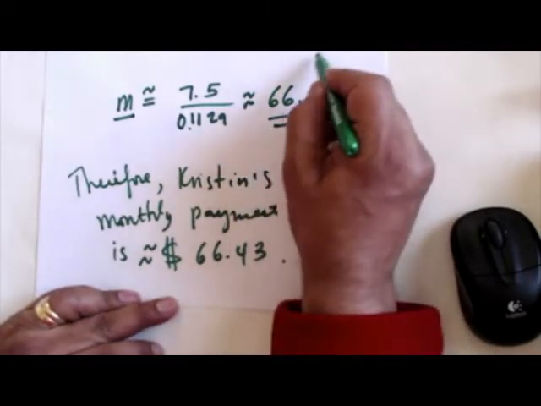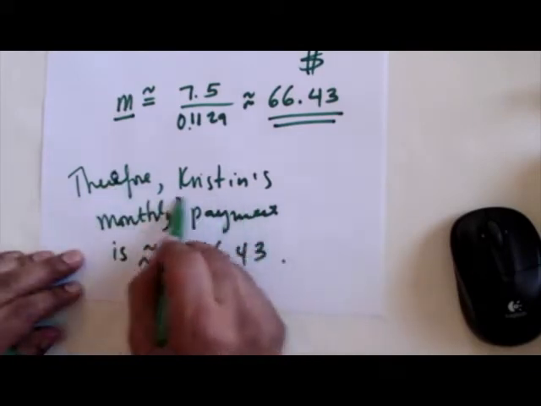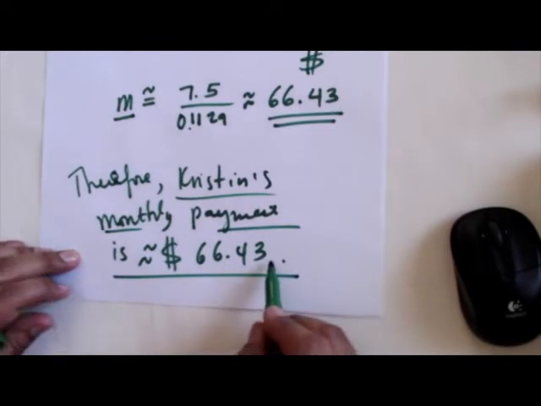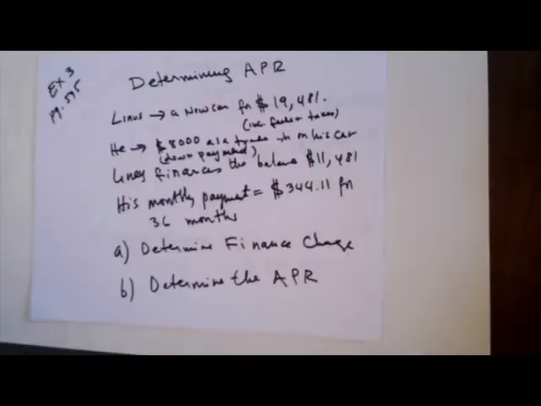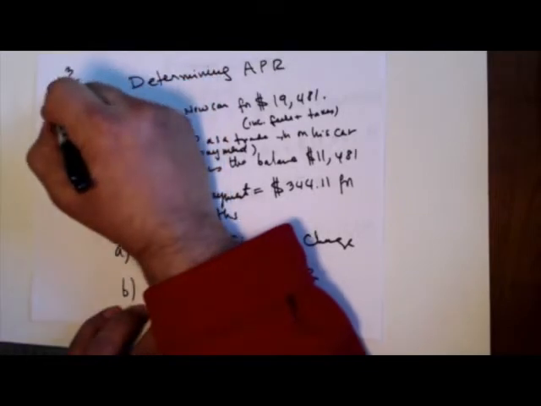And these amounts are in dollars. Therefore, Christine's monthly payment is going to be $66.43.